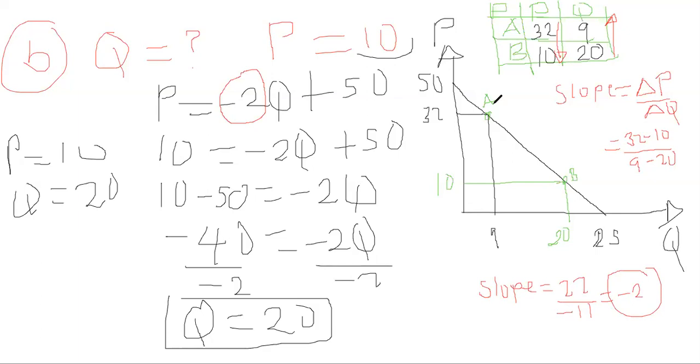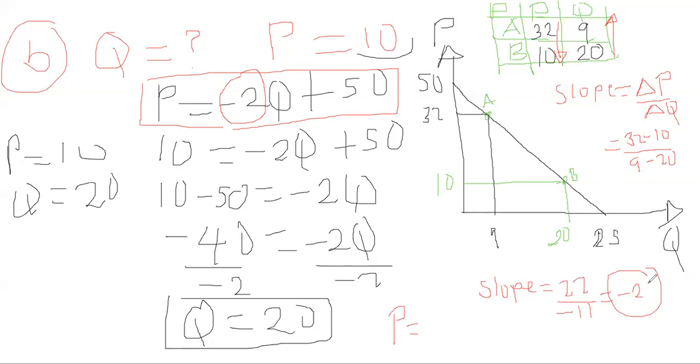Sometimes a graph could be given to you like this. If you have 2 points on a graph, you can calculate the slope. So let's assume that this equation is not given to you, but they only give you this graph. You can establish the equation by yourself, because you will say that the price equals the slope times quantity plus B. With these 2 points on a line, you can calculate the slope just like we did.